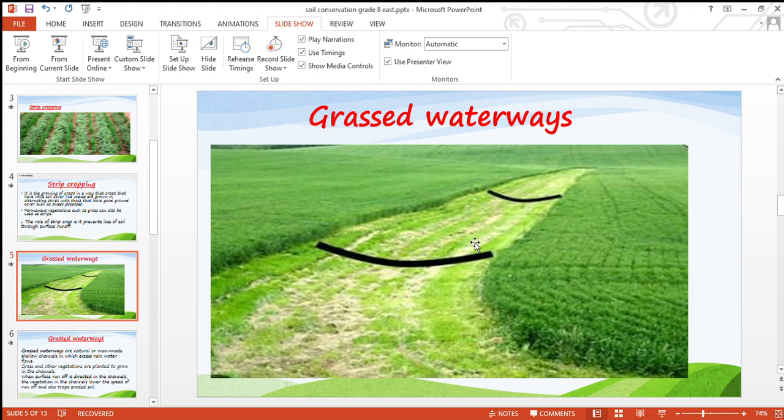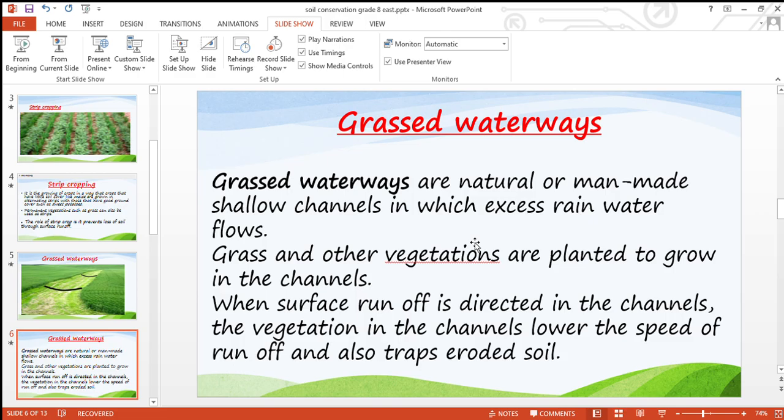Now, as we can see there, the grassed waterway. Let me have one person to read for us. Cheupe. Grassed waterways are natural or man-made shallow channels in which excess rainwater flows.